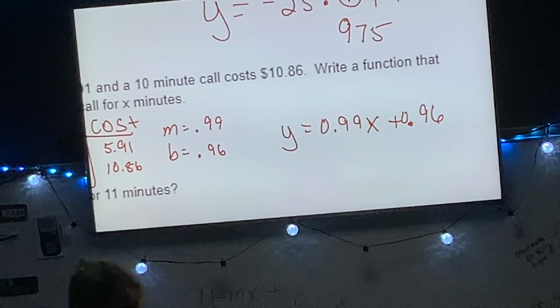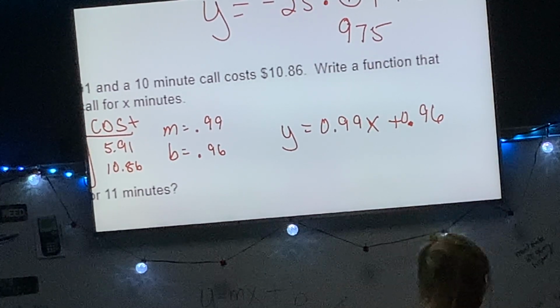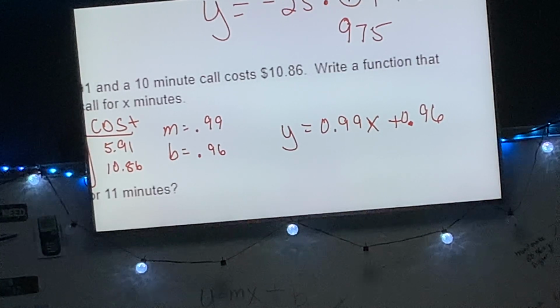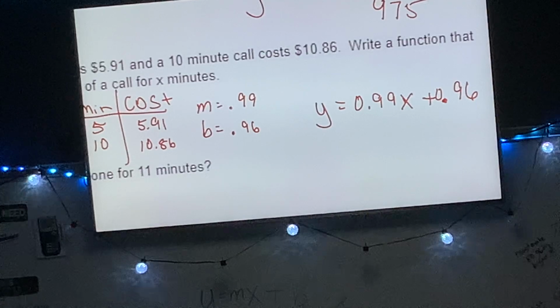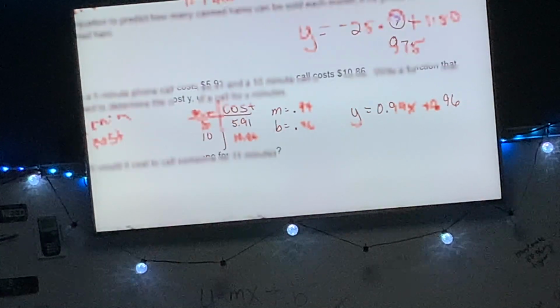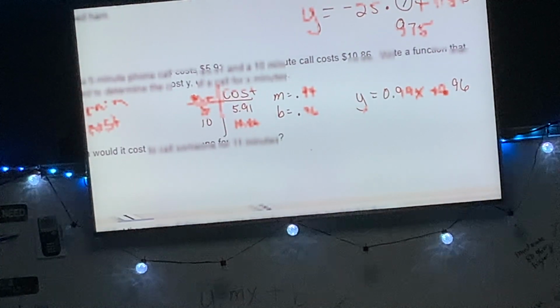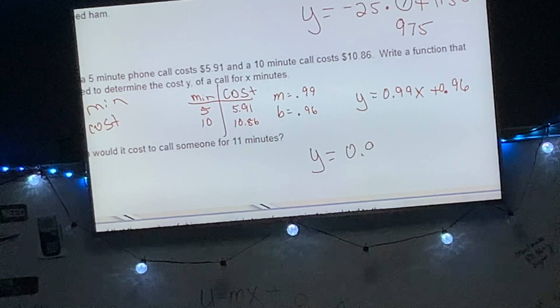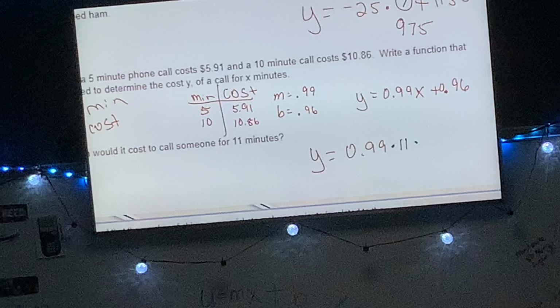So the next question says, how much would it cost for someone for 11 minutes? Where am I going to put that 11 in? In my x. So y equals, where my x is, I'm going to put 11.